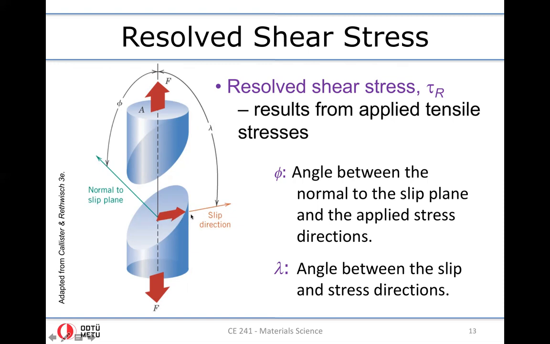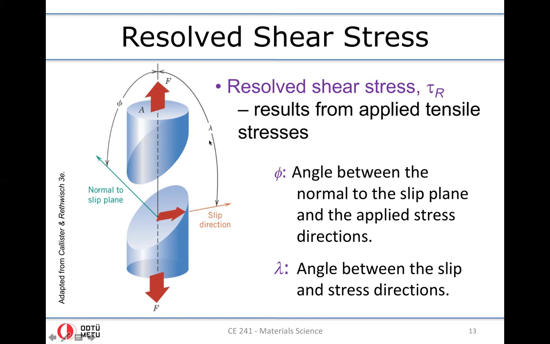The angle between the externally applied normal stress in the longitudinal direction of the specimen and the normal to the slip plane is denoted by angle phi. So angle phi is defined as the angle between the normal to the slip plane and the applied normal stress direction.